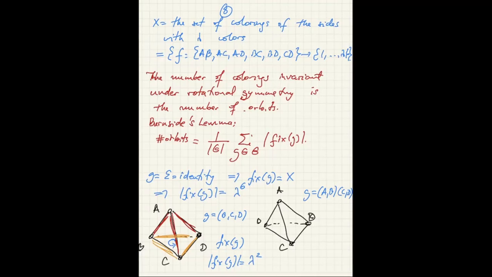So again, what does this permutation do? The AB and the CD stay the same under this permutation.